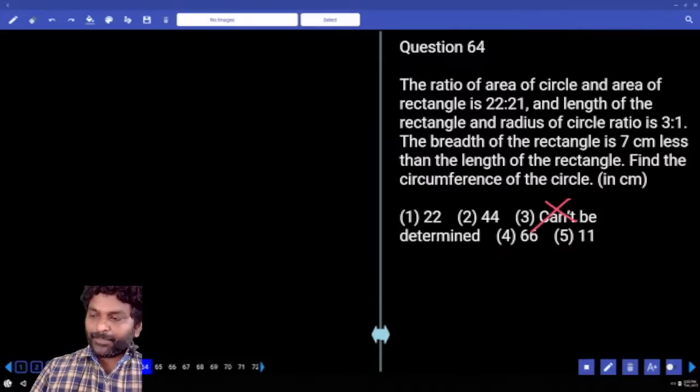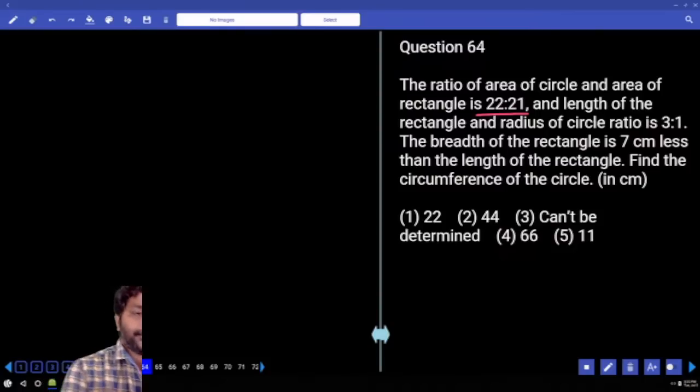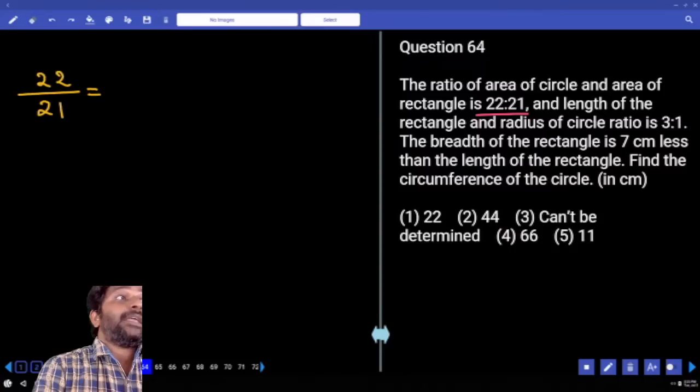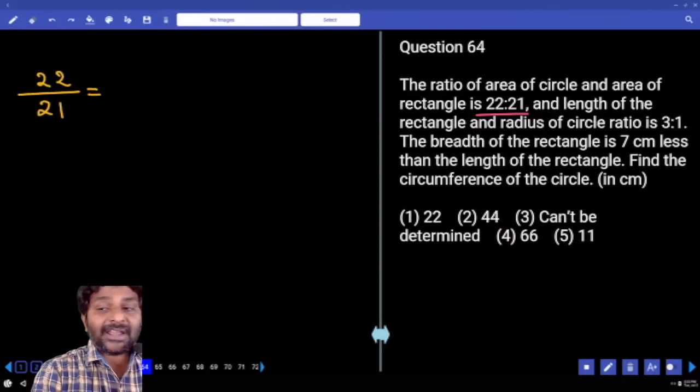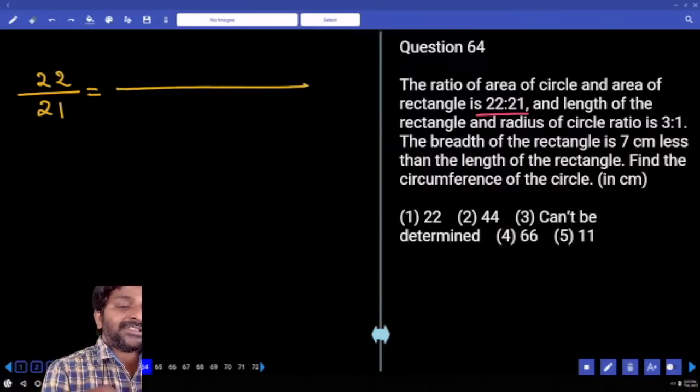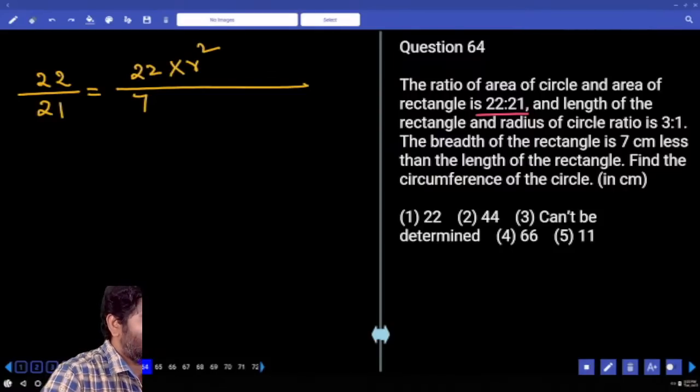Okay. What is the ratio? 22:21. Which ratio is this? Area for circle and rectangle. Area of the circle is pi r square.